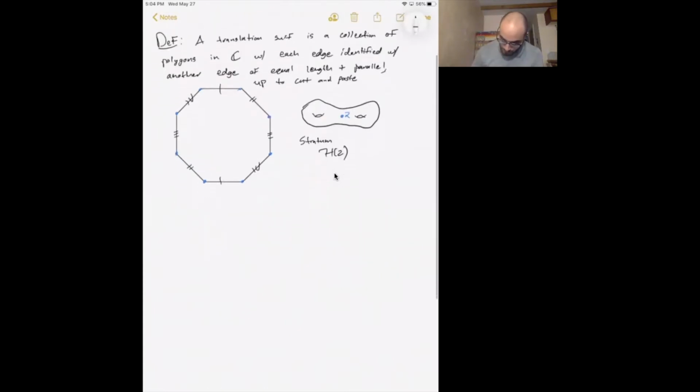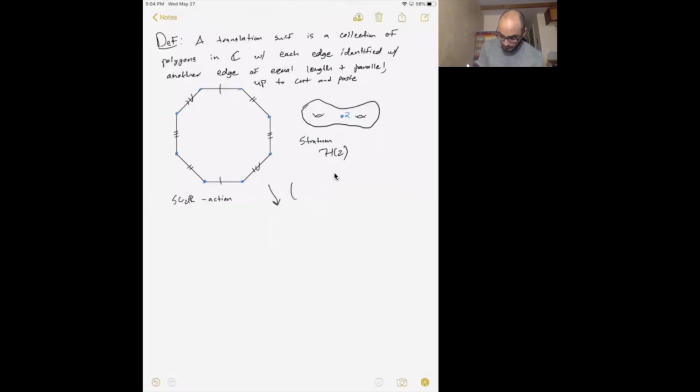Okay, so then there's this important dynamical system on the space of translation surfaces, on the stratum. There's this action by SL2R. What it does is, you take some matrix and you apply it to this surface.